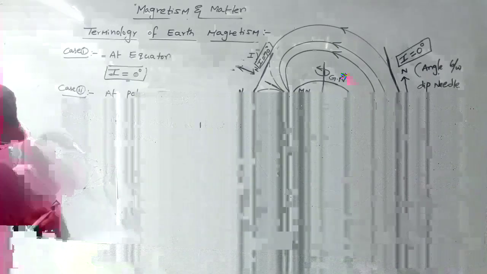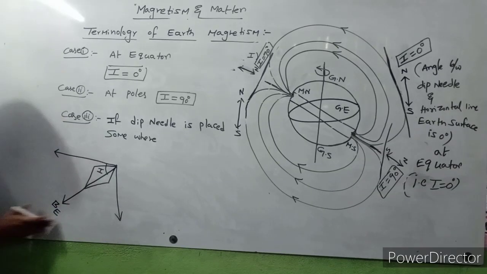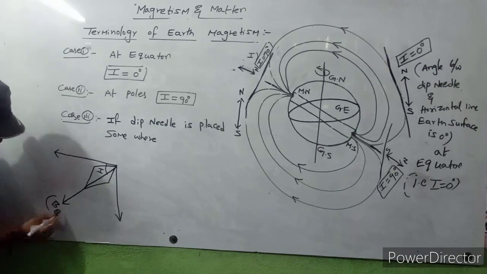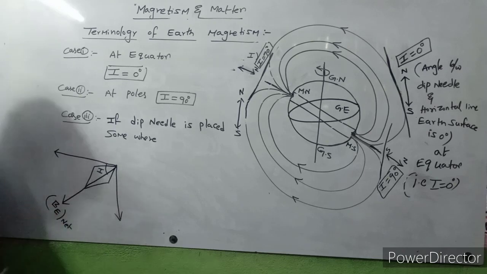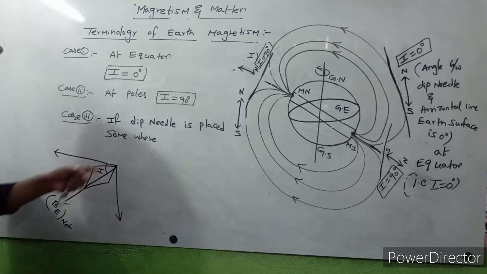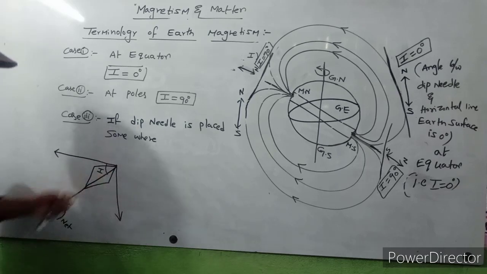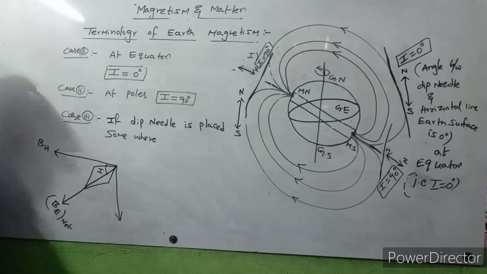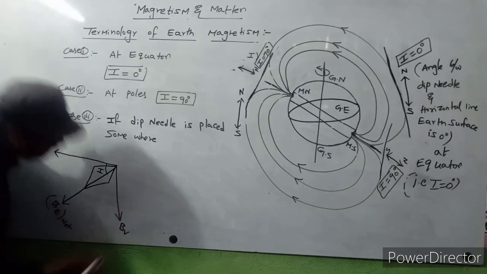So the dip needle always places itself along the net magnetic field of the Earth, B_E net. This is called the horizontal component, indicated with BH, and this is called the vertical component.